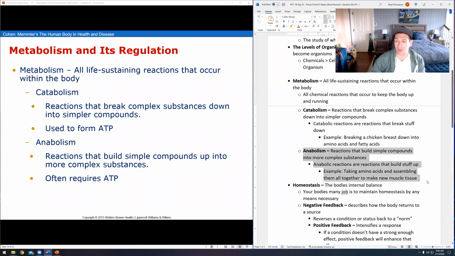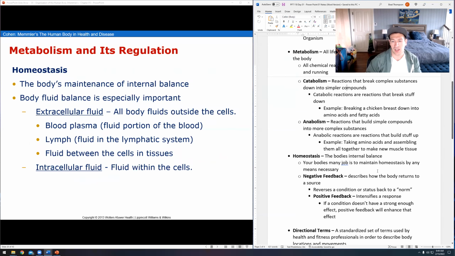A series of anabolic reactions kept happening to build us up, and thanks to our mother's catabolic reactions, we were able to get those individual components. So you'll often hear the phrase, catabolism fuels anabolism, right? Catabolic reactions allow us to have anabolic reactions because they give us the ingredients that we need.